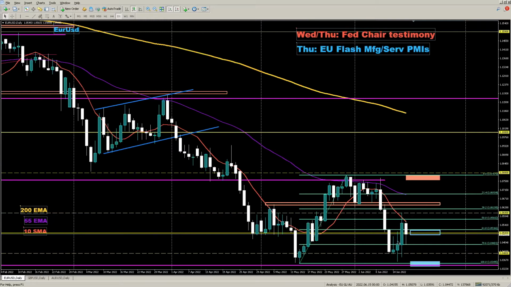Initially the US dollar went up, but then it quickly fell back. So this allowed the Euro and all the other major pairs to recover, taking advantage to climb back up over the next couple of days before pulling back on the Friday.